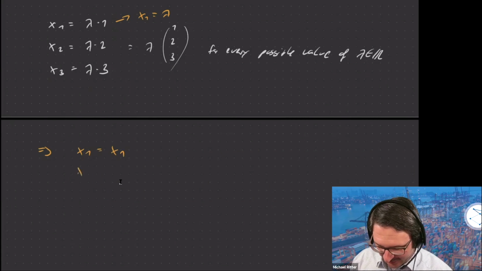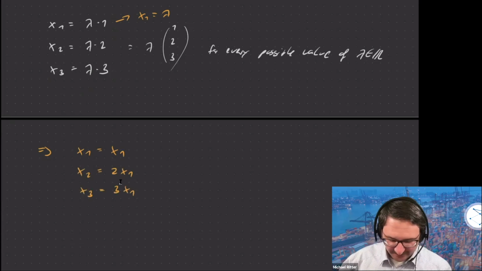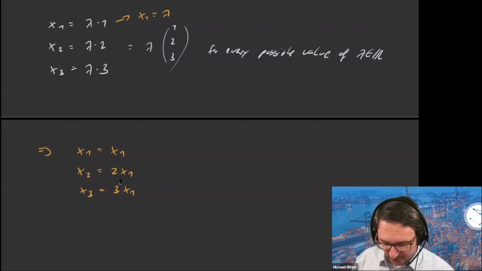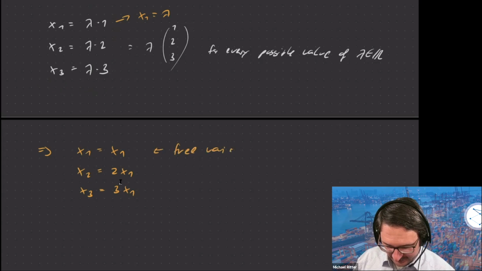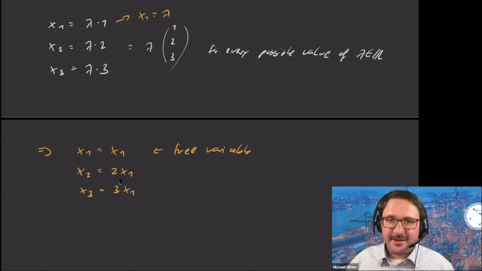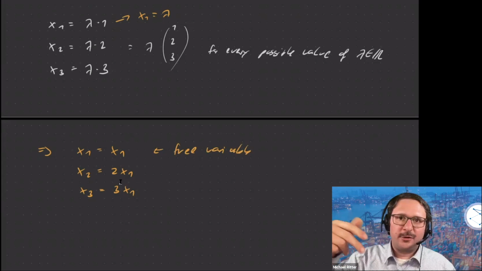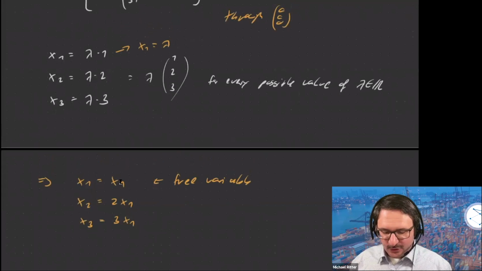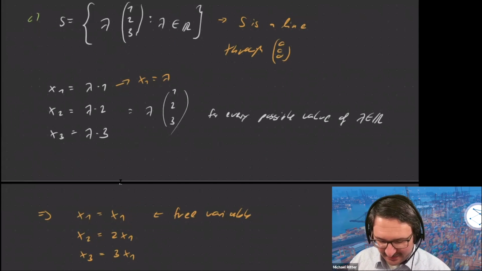But the second one is x2 equals 2x1, and the third one is x3 equals 3x1. So x1 is a free variable. I can set that to whatever value I want, and then x2 and x3 would follow and would form a point that is contained in my set S, and that is exactly of that form here.